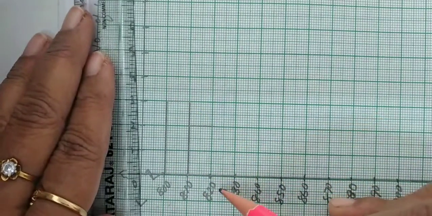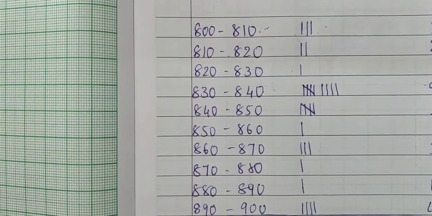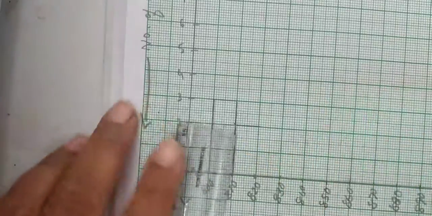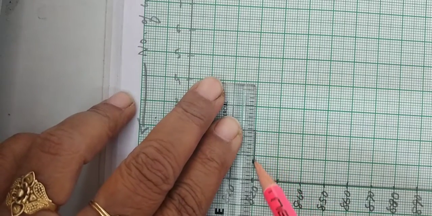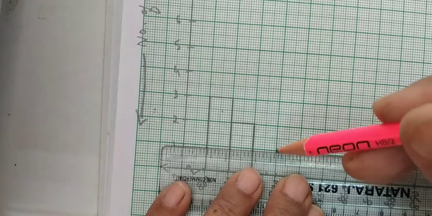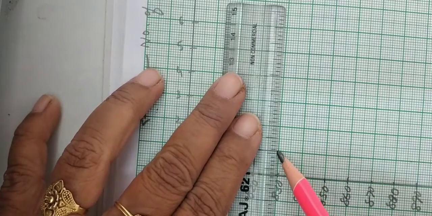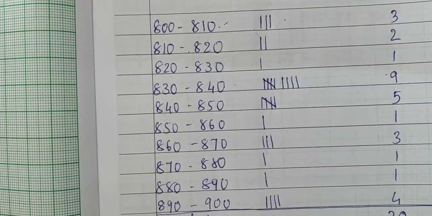So now 820 to 830 frequency is 1, right? So draw the line here at 1, this one, and 830 to 840 it's 9.